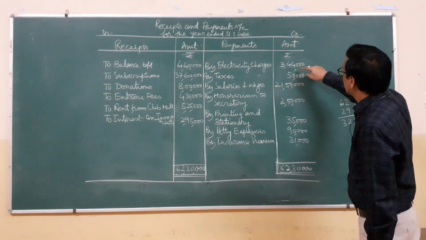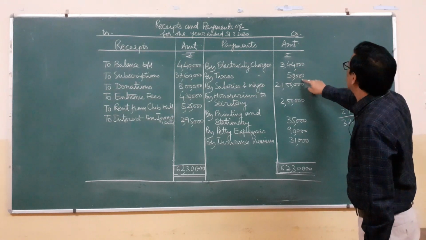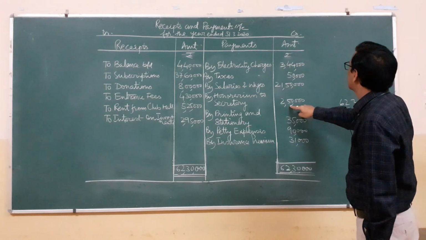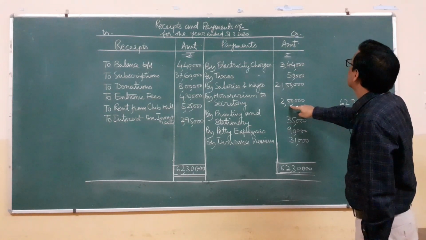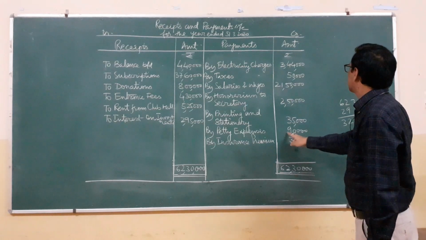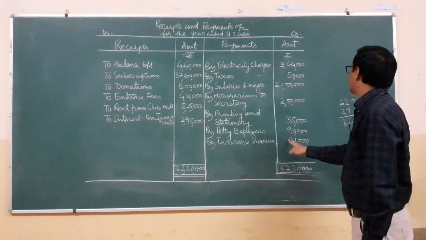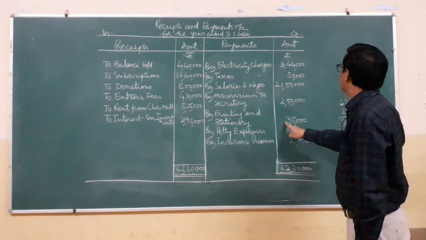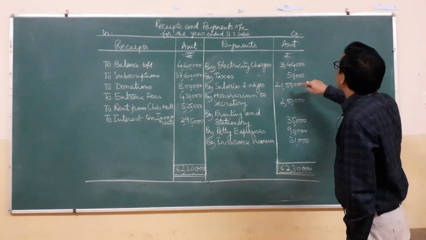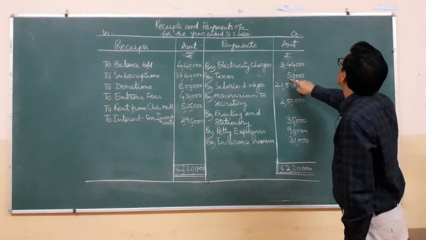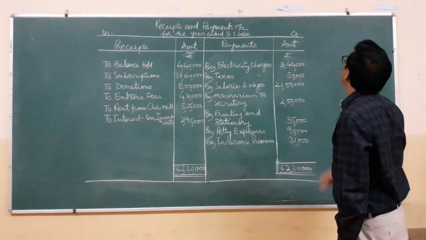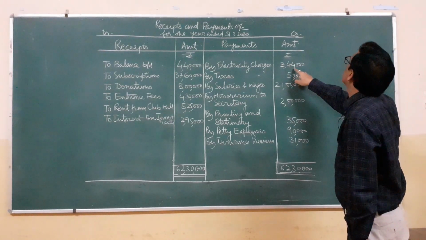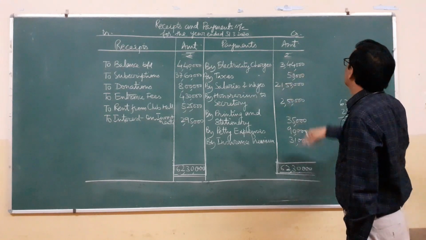Let's check it once again. 344, 50, 21, 50, 24,000, 24 lakh 90, 25, 56, 2856 plus 428, 30 lakh 50,000.